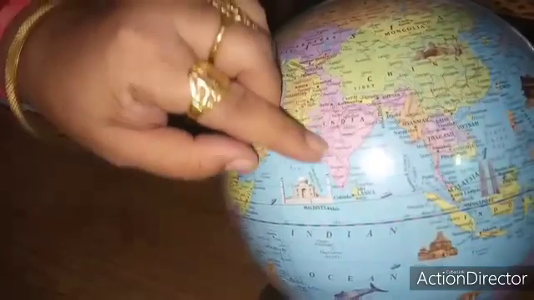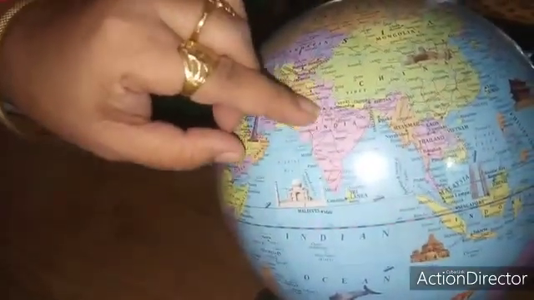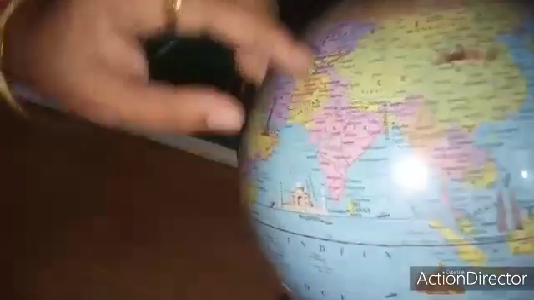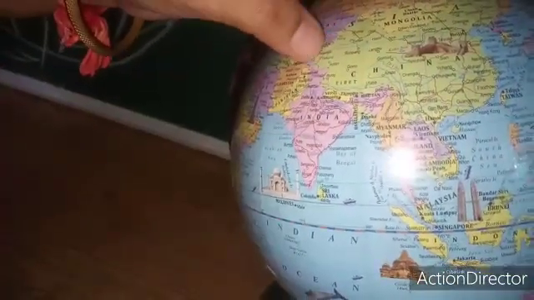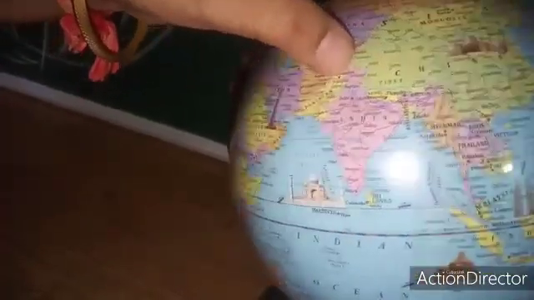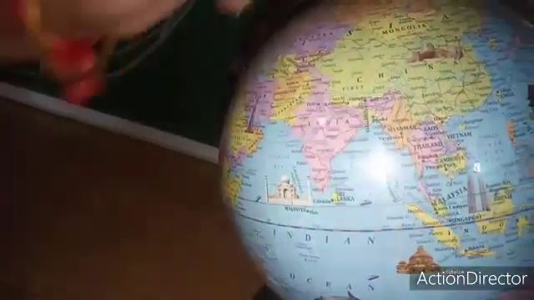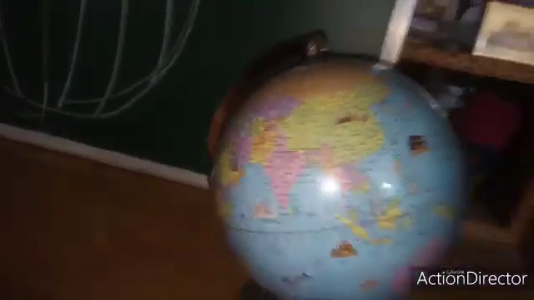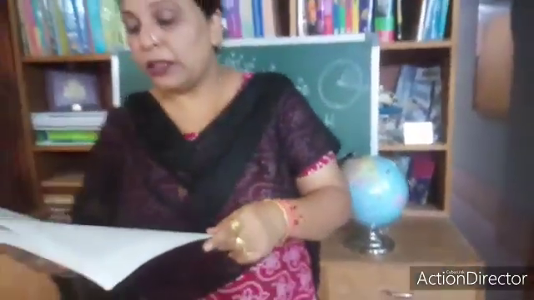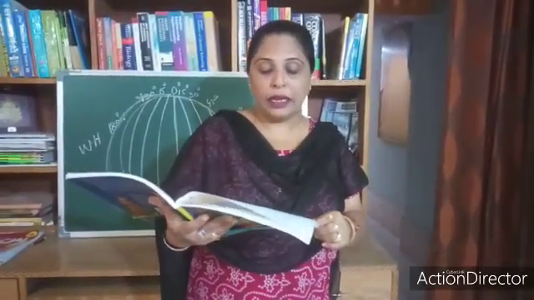Just let me have a look here. No, this is not the mid part. This is somewhere near Uttar Pradesh, near Mirzapur, the longitude which cuts India. The reference place in India for calculating IST is Mirzapur, which crosses through India in Allahabad.